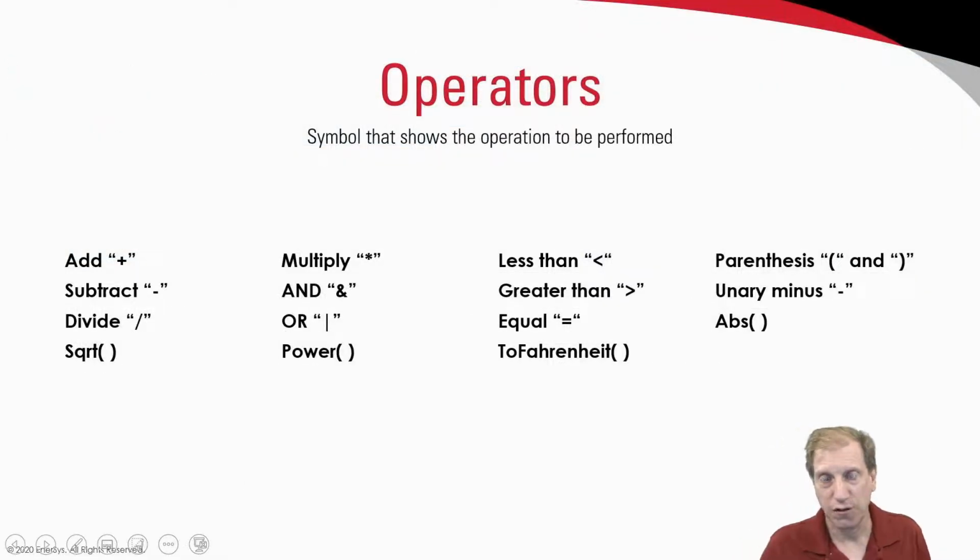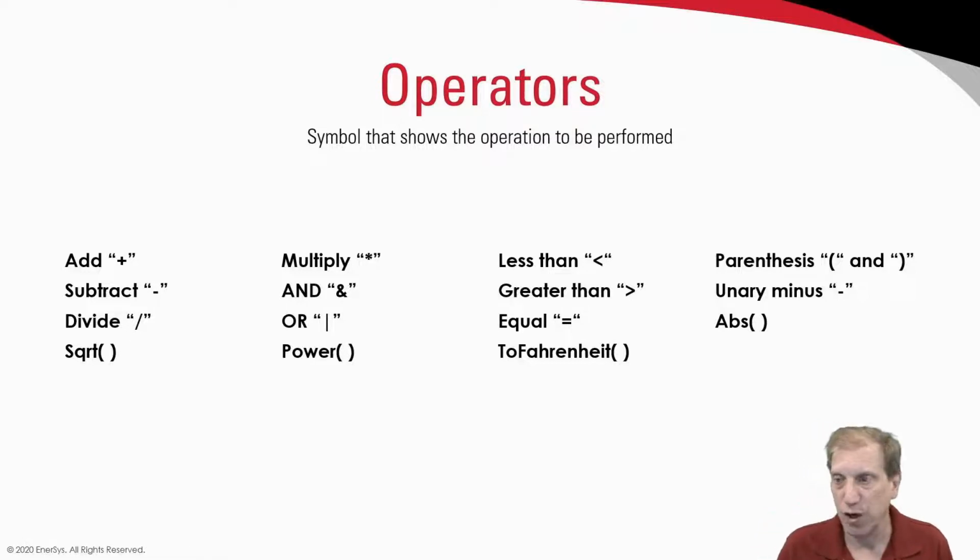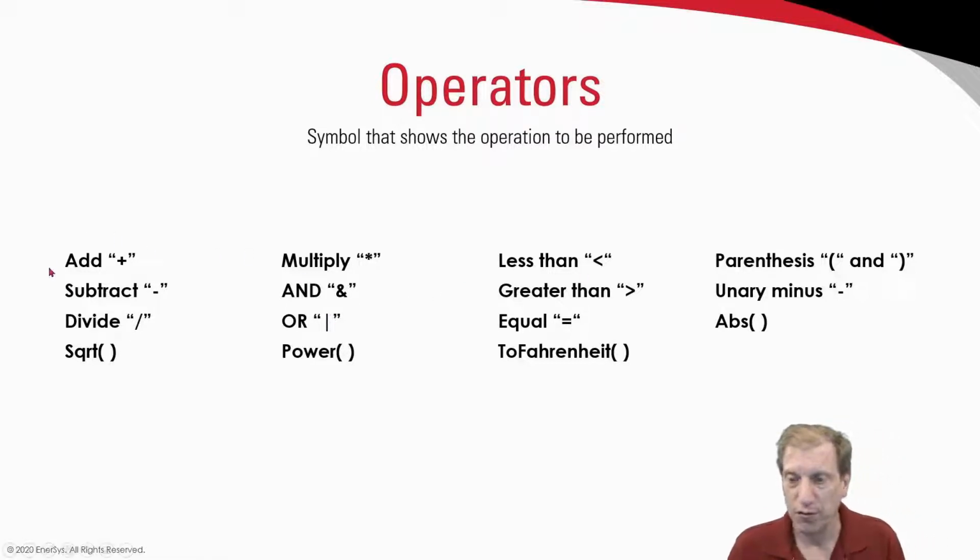So then we tie those together with operators. That's what builds our equation. There are quite a few operators. You've got some basic math ones: add, subtract, multiply, divide, less than, greater than. These are all common ones you'd use. Then logic statements, so the and. If you're looking for more than one thing to be true or more than one thing to be false, or however you're lining it up, you would use the and statement, the ampersand symbol.